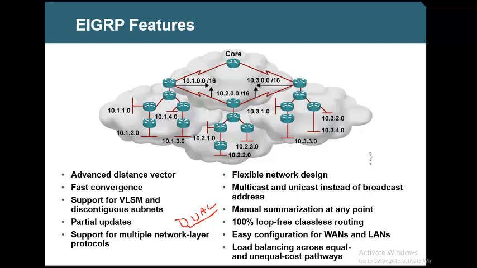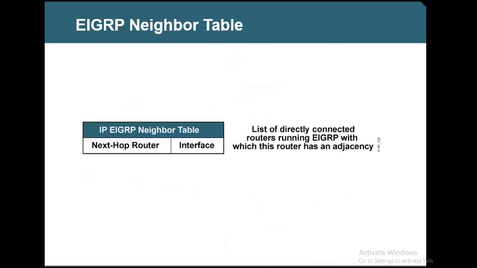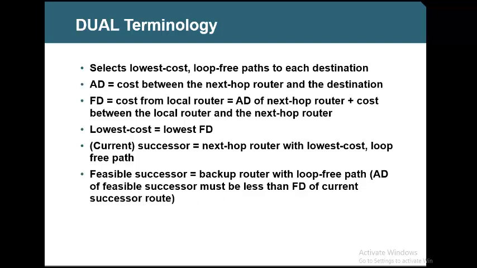How can DUAL guarantee loop-free classless routing? For that, the explanation will come when we go to this page. This is it. The DUAL algorithm has something called the feasibility condition. What does that feasibility condition say?